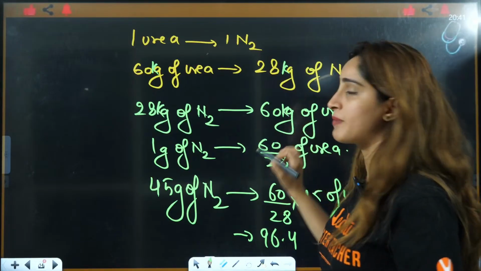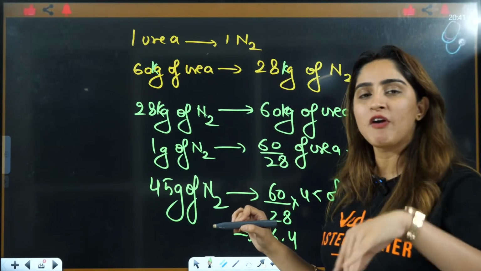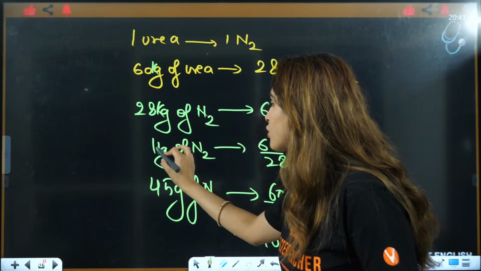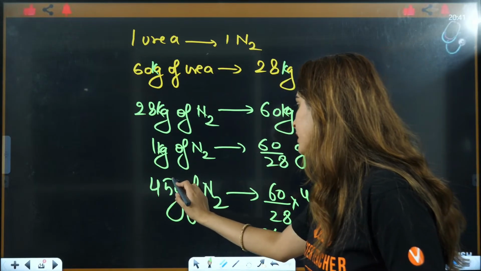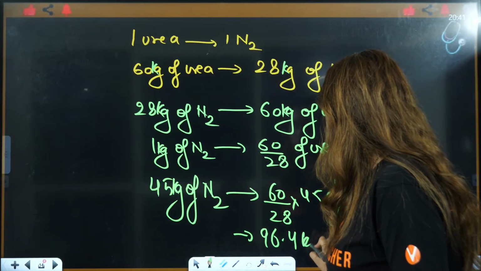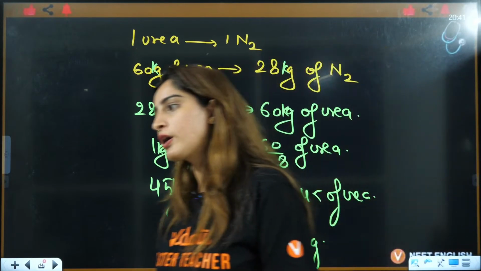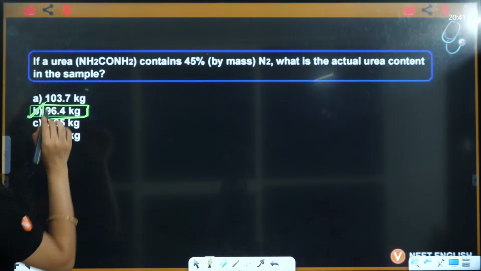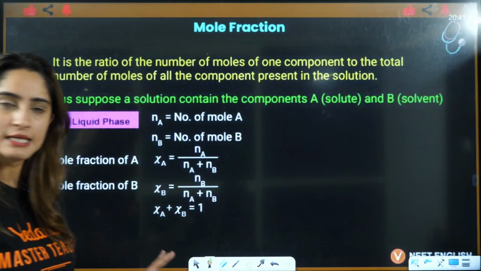Everything else is the same because it is mass by mass. Eventually gram, gram, kilogram, kilogram are going to cancel only. And the answer also will be in kilogram there. Okay, everybody understood, right? 96.4, that is B, is coming out to be the correct answer here.